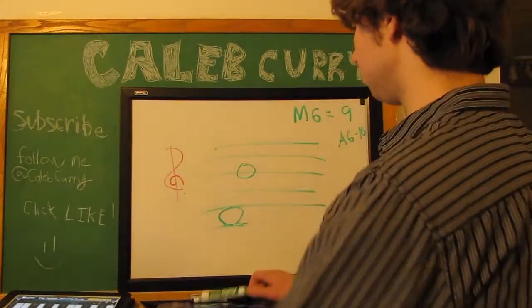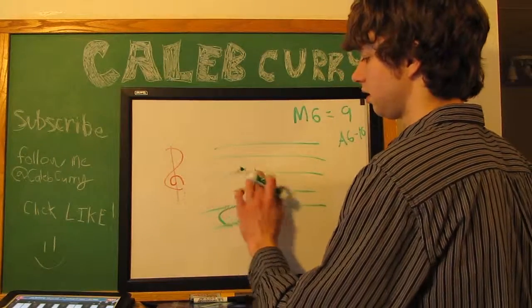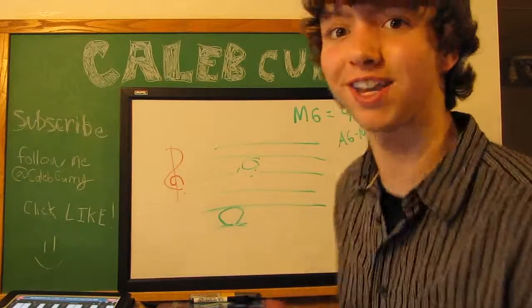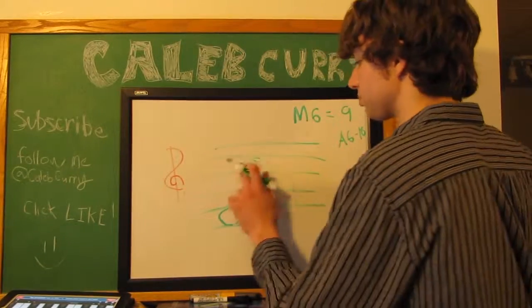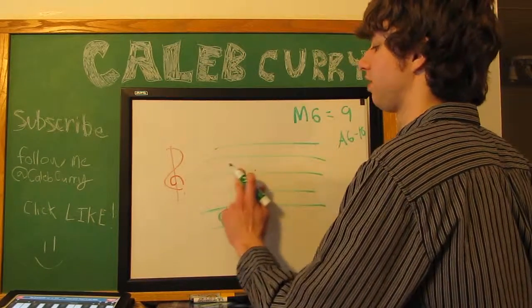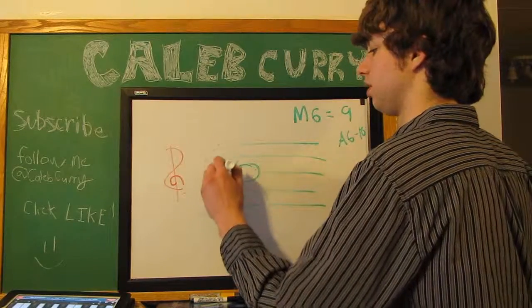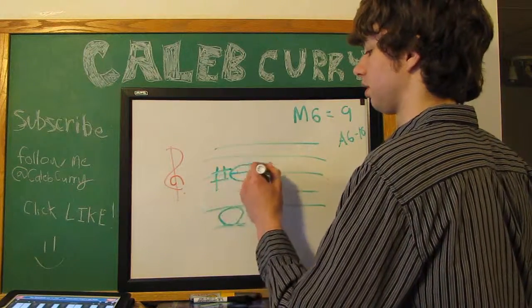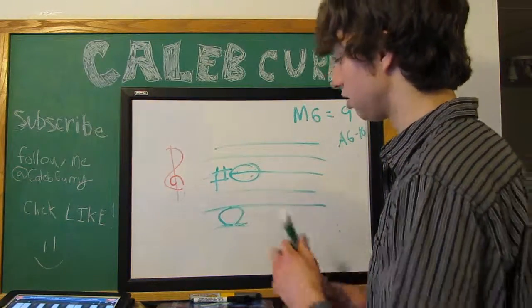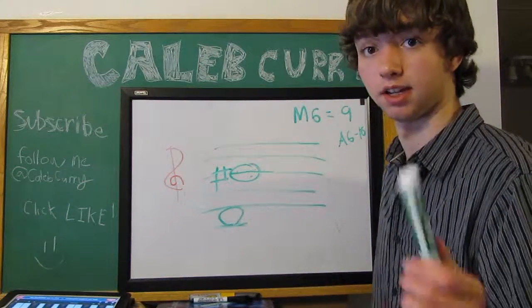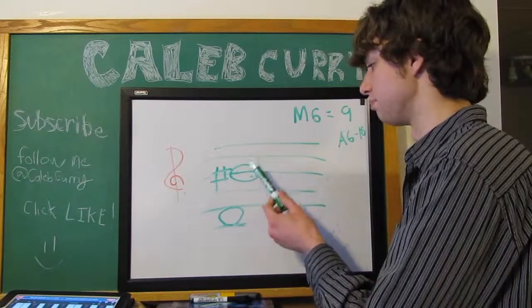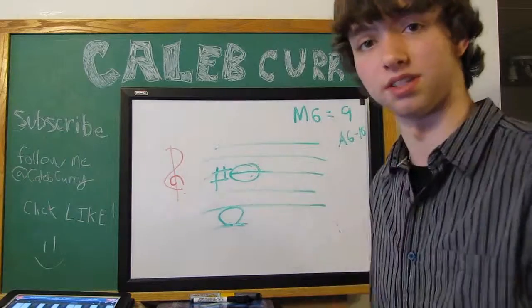So I'm just going to erase this and put it as a C. Oh, I can't do that. That's breaking the rules because then it's not a sixth, it's a seventh. So what I'm actually going to do is write B sharp. Even though it is actually played as a C. It's an augmented sixth, also known as a B sharp.